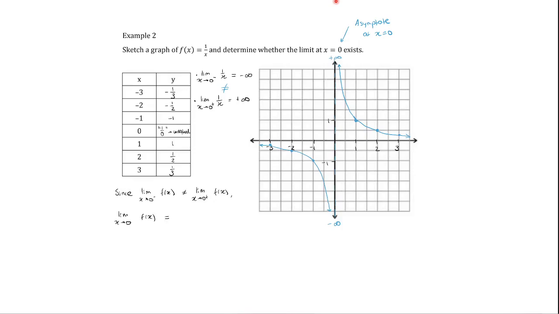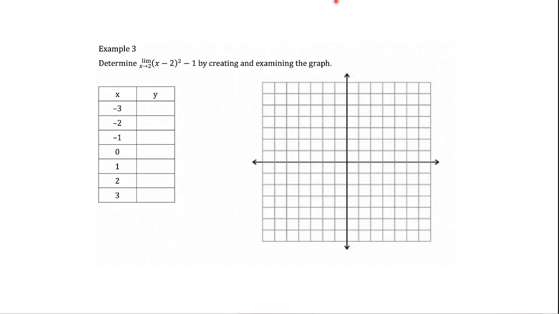And usually we represent that with a DNE. Does not exist. Okay, so this is an example of a case in which we don't actually have a limit at a point. Let's take a look at another example here.